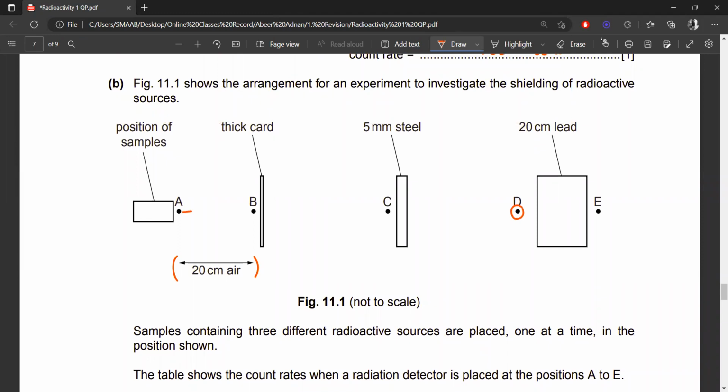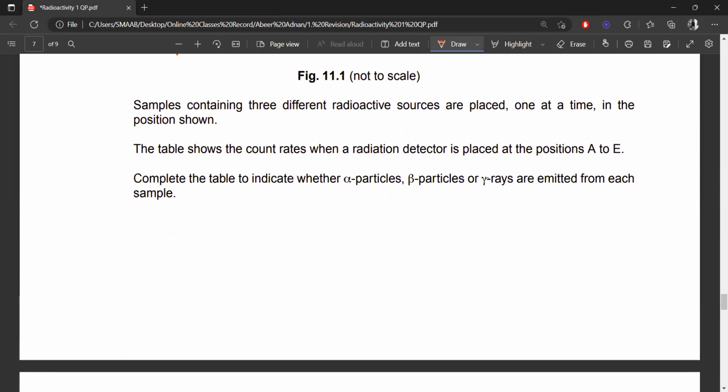So which particle? Gamma? Okay, so gamma can easily move from point A to D, and other particles can also do that because beta can easily penetrate through the card.